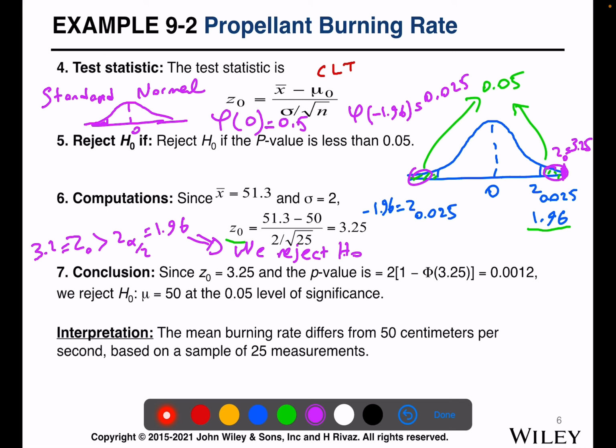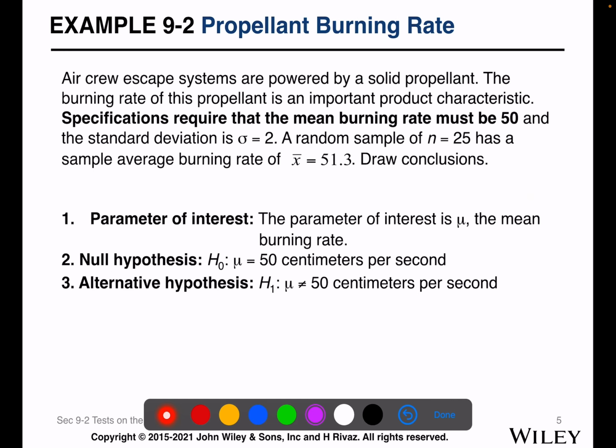Right. So what does that mean? That means that if we are looking at the standard normal curve, and this is 0, and this is minus 1.96, this area under the curve is 0.025, right? If you look at the question, it doesn't tell us what confidence level it wants.